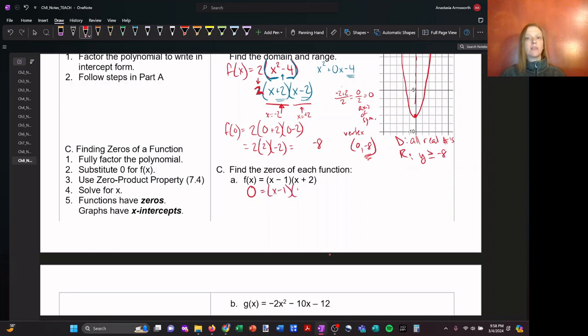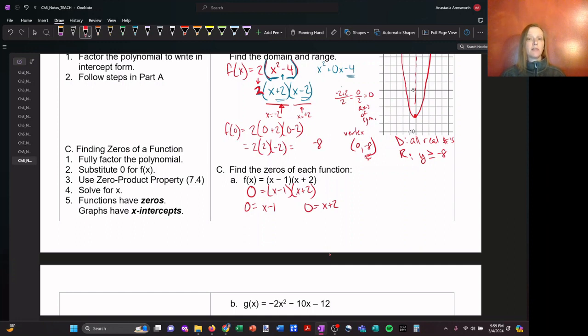And then you use the zero product property to determine the x values to give you the x-intercepts, those zeros of the function. So here, using the zero product property tells us that if this multiplication problem equals 0, then either x minus 1 equals 0 or x plus 2 equals 0.